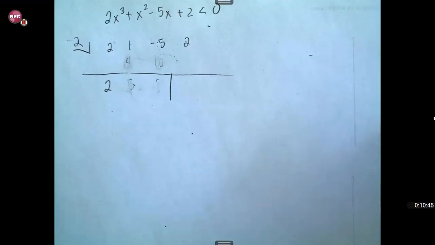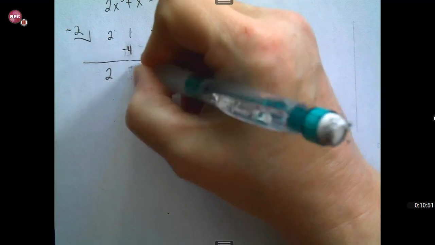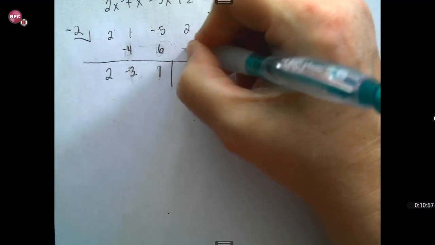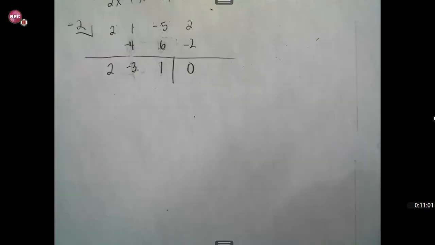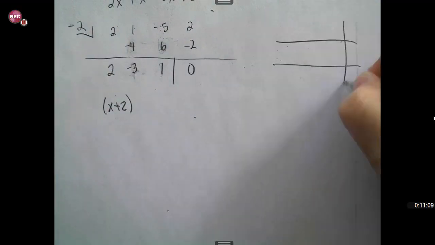So I'm going to try -2. So that would be -4. That would be -3. That would be 6. That would be +1, and that would be -2, and that would be 0. So to factor this, I'm going to have x plus 2, and then I go to my factor puzzle for that quadratic.